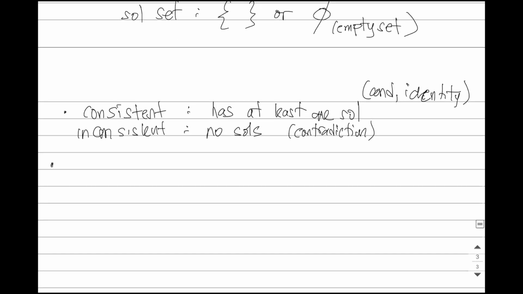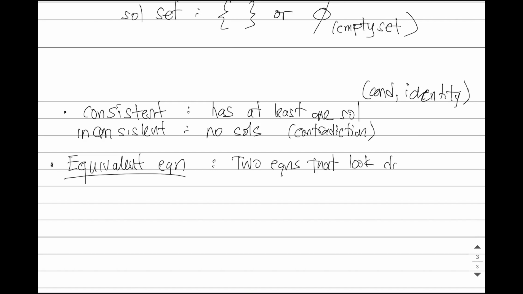One other important concept is the idea of an equivalent equation. These are two equations that look different but have the same solution set. Whether you realize it or not, this is the kind of thing you have been working with your whole math lives, especially in high school.